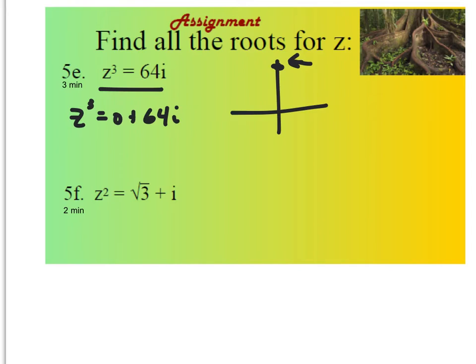All right, therefore, written in polar form, it would be 64 cis pi over 2 plus, now check it out, I'm going to write this as 4 pi k over 2.